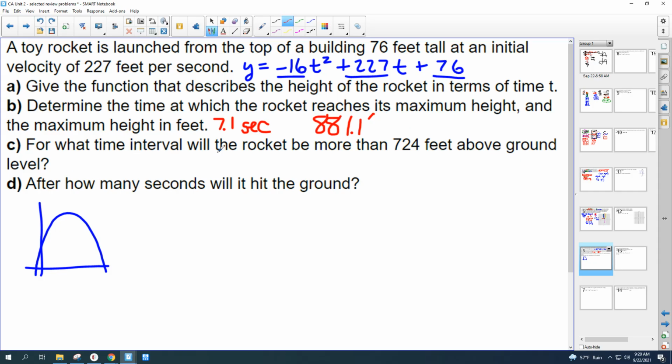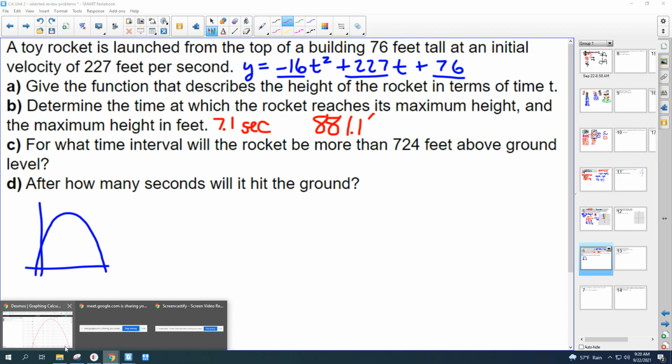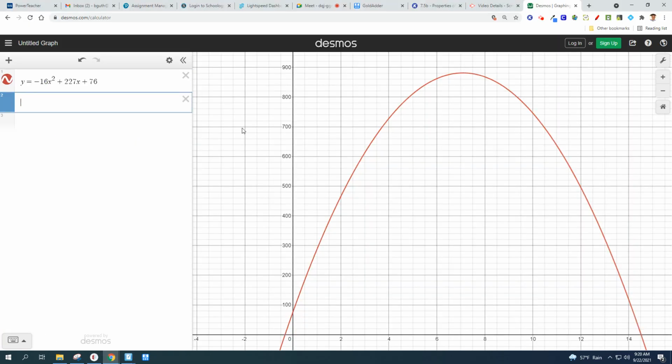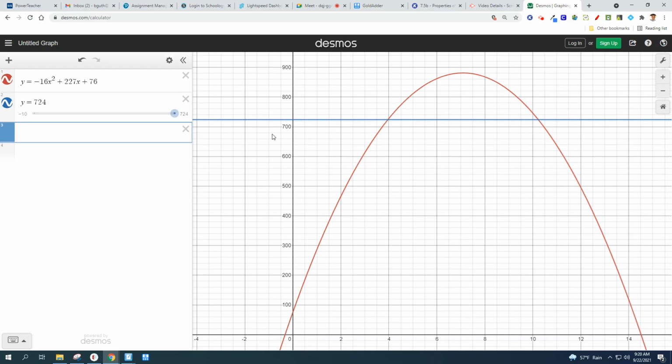For what time interval will the rocket be more than 724 feet above the ground? So that one, more than 724. Here's what I would do. Y equals 724. If you graph this horizontal line, you can see right there this part of the graph is above 724.